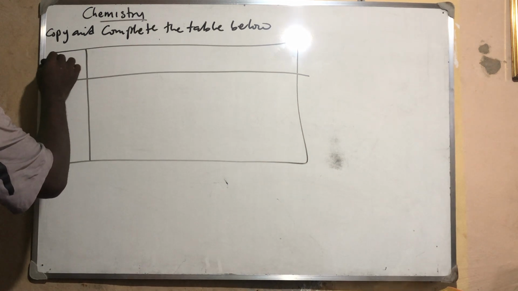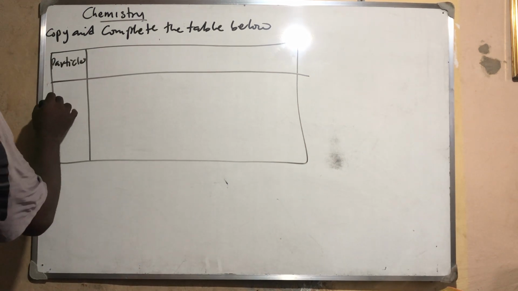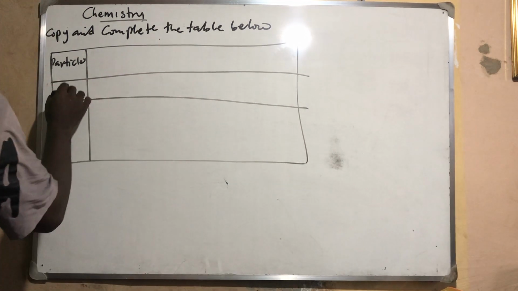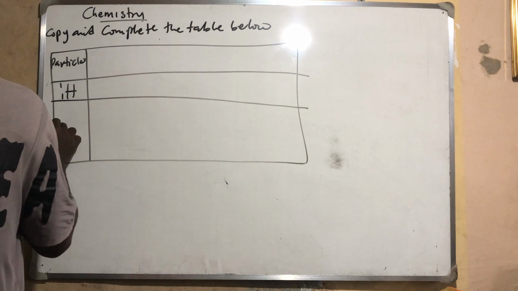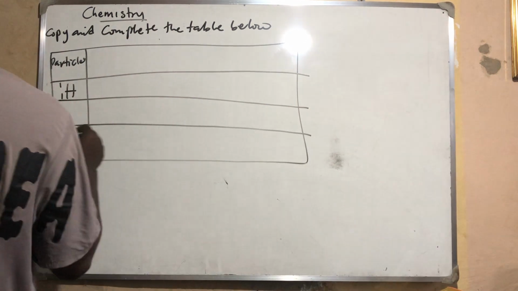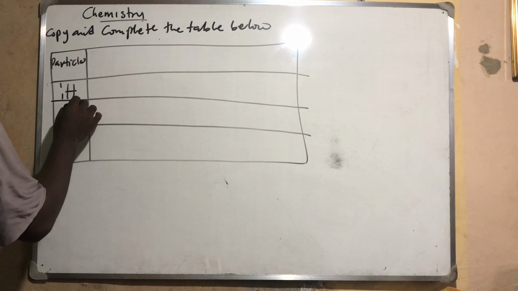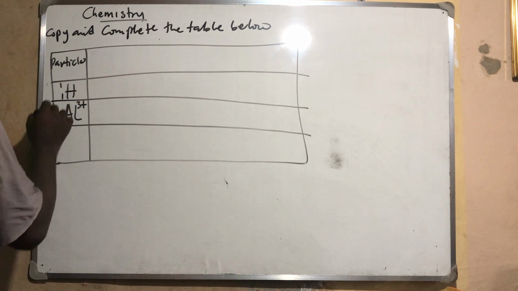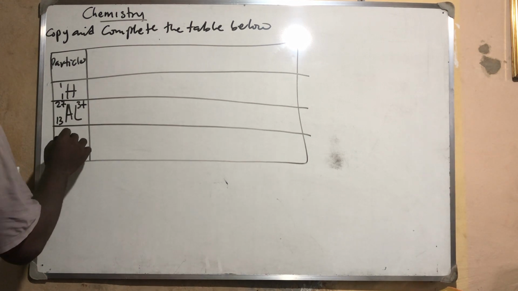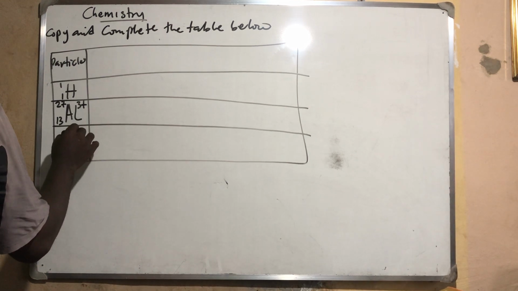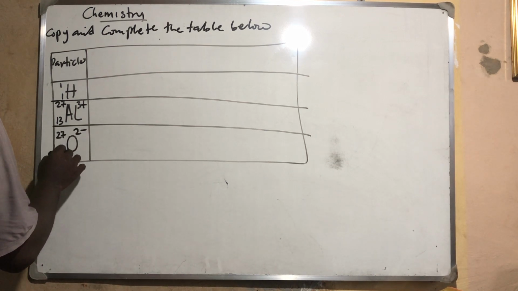Particles. They gave us hydrogen, 1, 1. They gave us aluminium 3 plus, 27, 13. They gave us oxygen 2 minus, 16, 8.